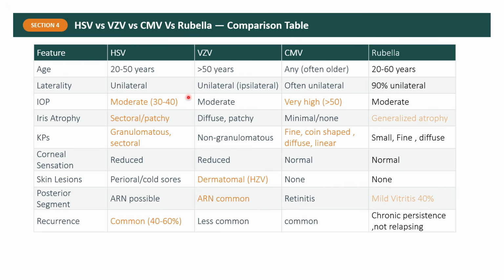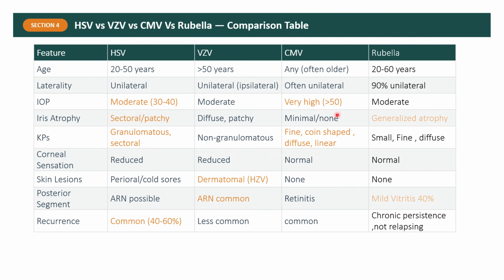Laterality: almost all of them are unilateral with variable penetrance, but the main feature for all of them is unilaterality. If you find a bilateral uveitis due to viral uveitis, either revise your diagnosis or think of associated immune suppression. Immune suppression is the only exception, where you will find viral anterior uveitis bilateral in an immunosuppressed patient.